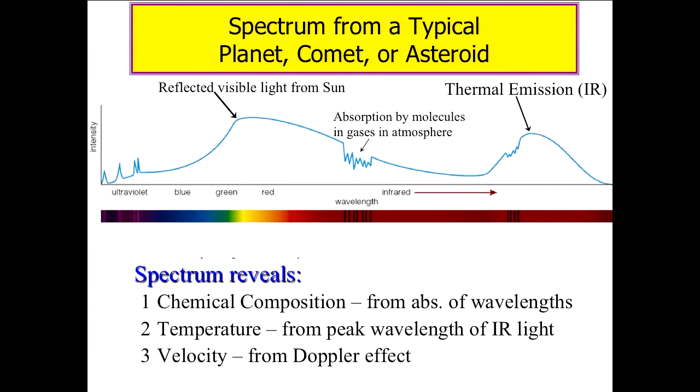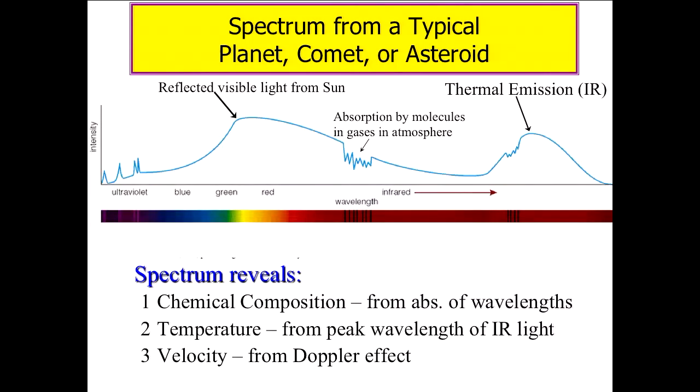And then finally, you could measure, if you wanted, the Doppler effect of these spectral lines, telling you the speed of this planet by the amount of the Doppler shift of those spectral lines. So you have an enormous amount of information you can get by just taking a spectrum of the object of interest, even if you don't know anything about it.